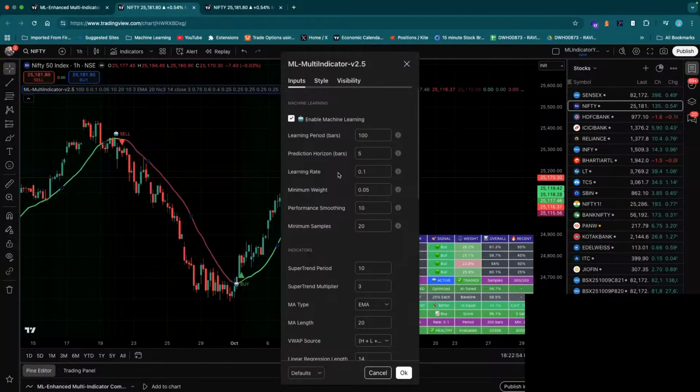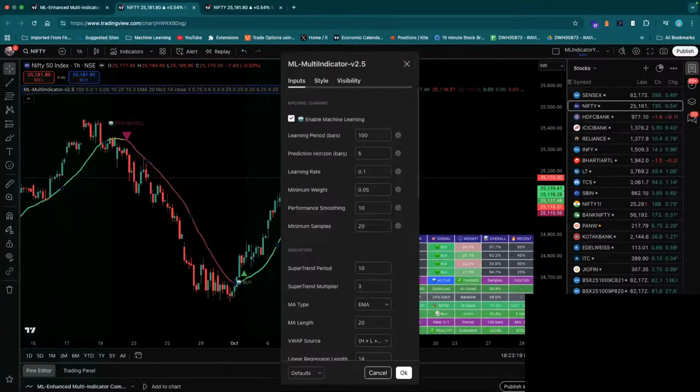So that's easy. Now this is called the prediction horizon. We have only 5 here. What this means is how many bars ahead the indicator tries to predict the price direction. The lower range is 1 to 3, which predicts very short-term moves, for somebody who wants to do scalping or day trading. In that case, the 1 hour time frame would not be really good.